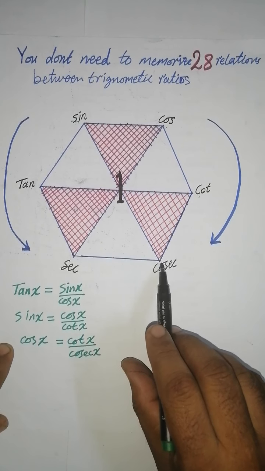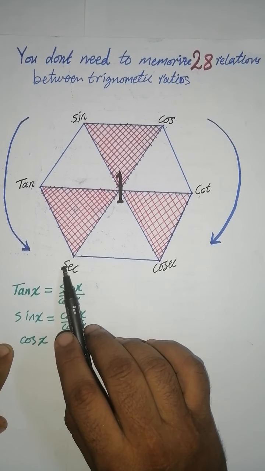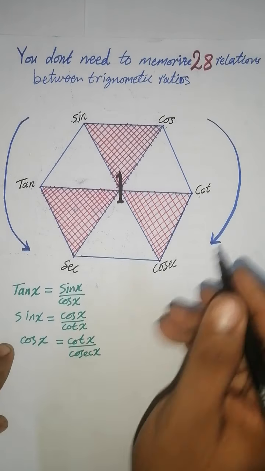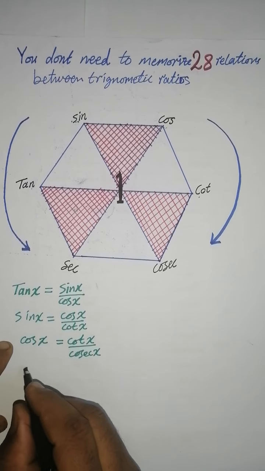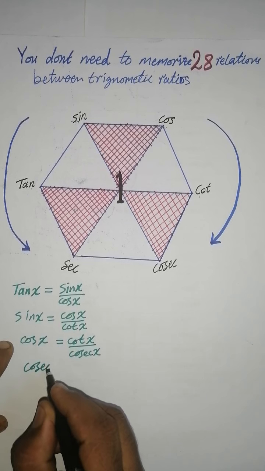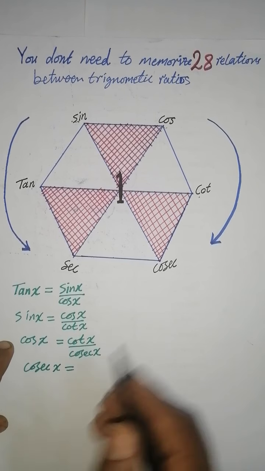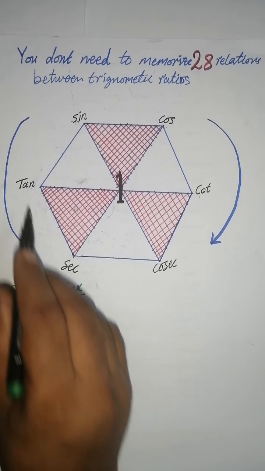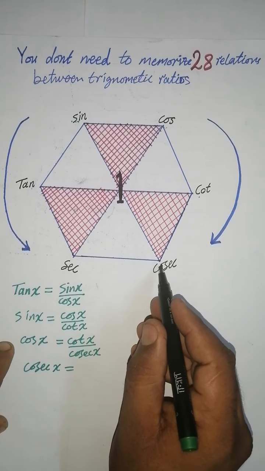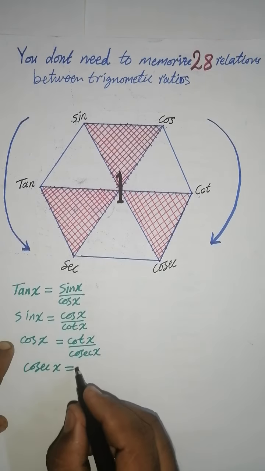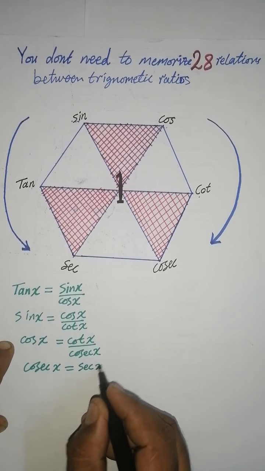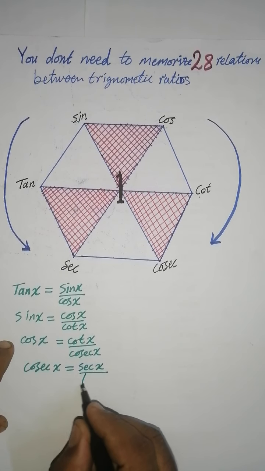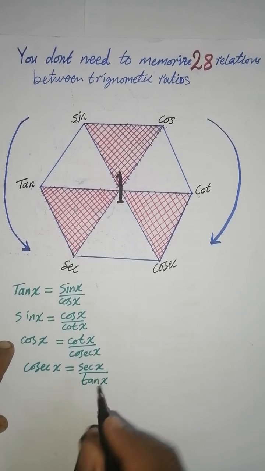Cotan equals cosec over sec. Okay? Let us take another one. Cosec x. Can you mention the two coming after it? Sec and tan. So cosec equals sec over tan equals sec x over tan x, and so on.